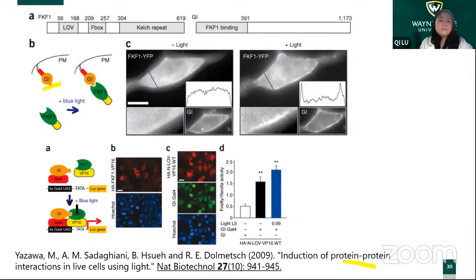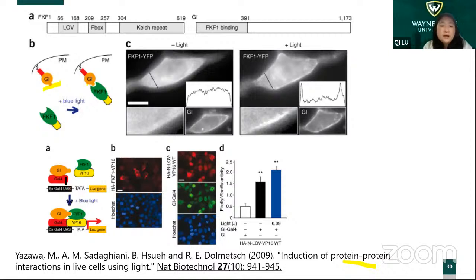It's the same idea for gene expression. Here GI is linked to the plasma membrane, and here GI is linked to the transcription factor GAL4, and FKF1 is linked to the transcription factor VP16.